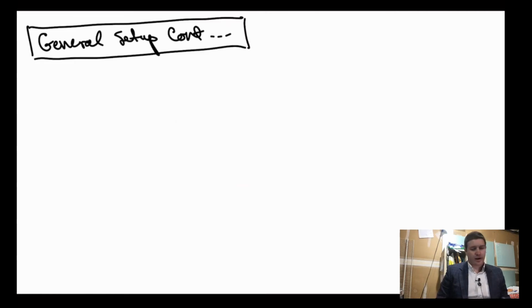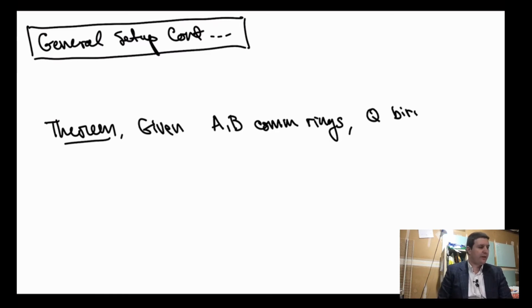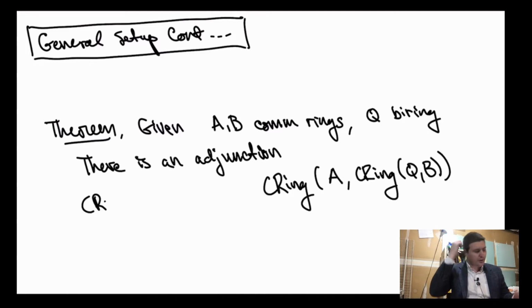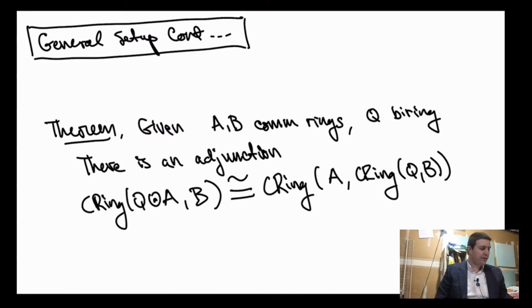So how do jet spaces fit into this general formalism? So here's the theorem. This is an operation done by Borger and Wieland. If you're given two commutative rings and a biring Q, there's an adjunction. Of course, this is functorial, but I didn't write it as functorial.